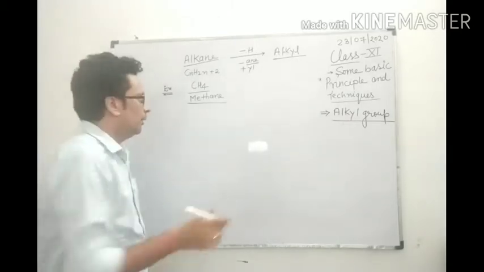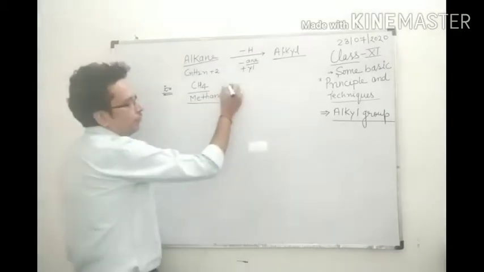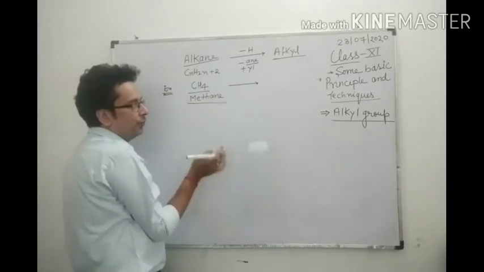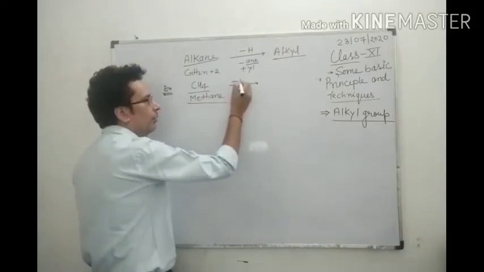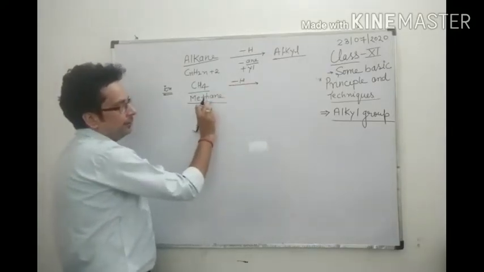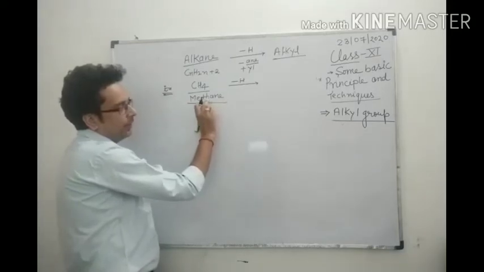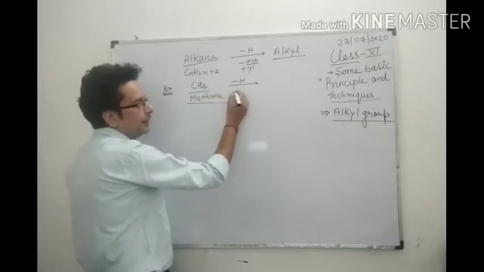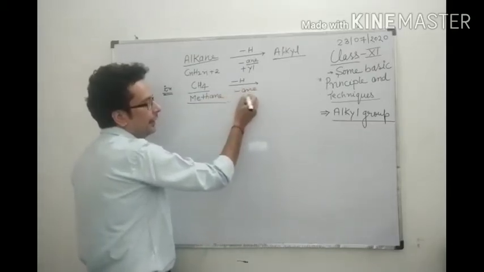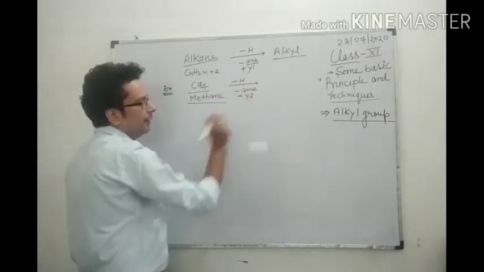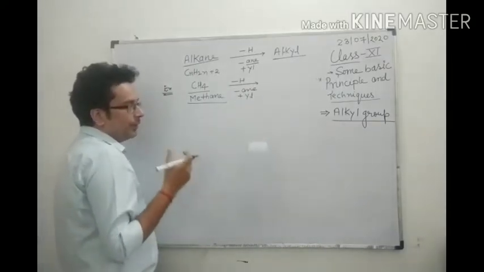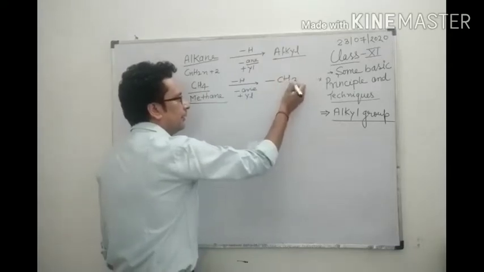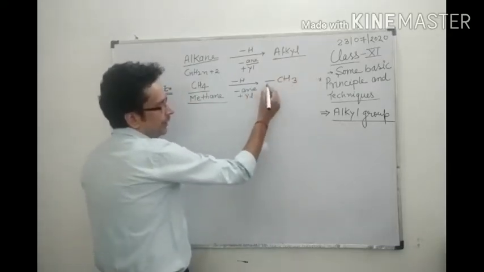For example, look here, this is methane. Now when we remove one hydrogen, subtract -ane and add -yl. What is the group obtained? The group obtained is CH3. Now what is the meaning of this?